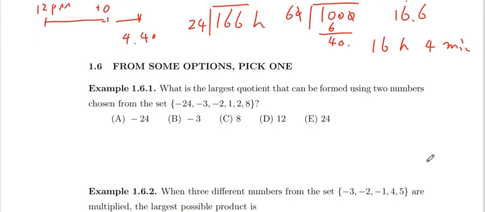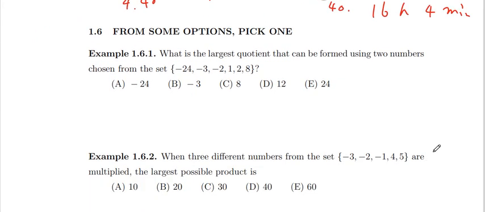Okay, so now let's consider this kind of problem. From this set we pick some numbers, and we have many options. Then pick the largest quotient that can be formed using 2 numbers. So let's say there's a quotient A over B, right?